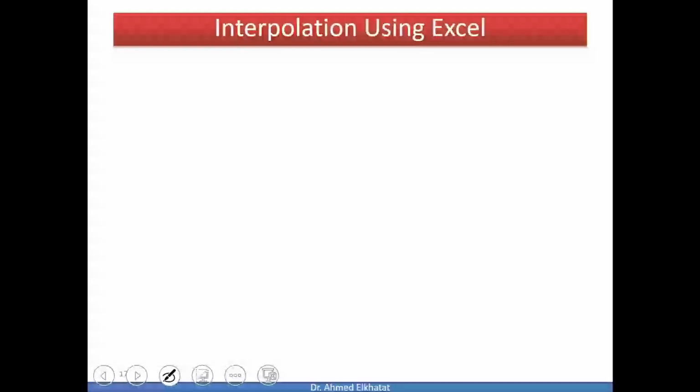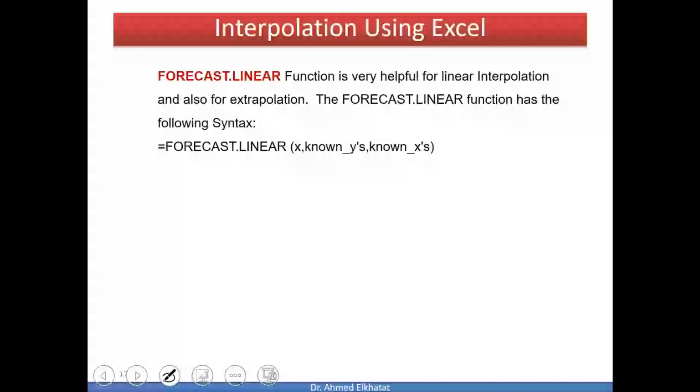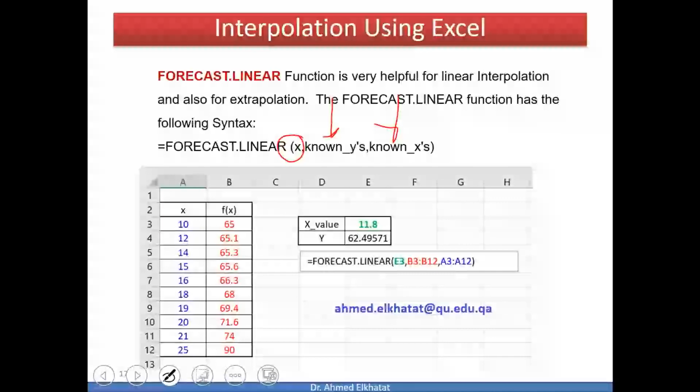Also, if you want to use Excel, there's a very good function called FORECAST. FORECAST.LINEAR is very helpful for linear interpolation, and it can also be used for extrapolation. The syntax of this function is: x, the value of x you want to predict, then the known y's and the known x's, so you can predict the value of y.